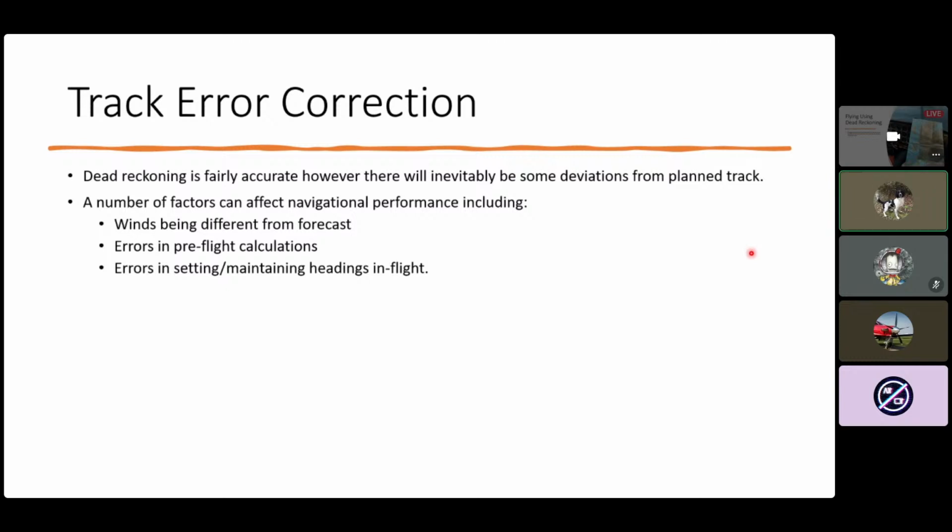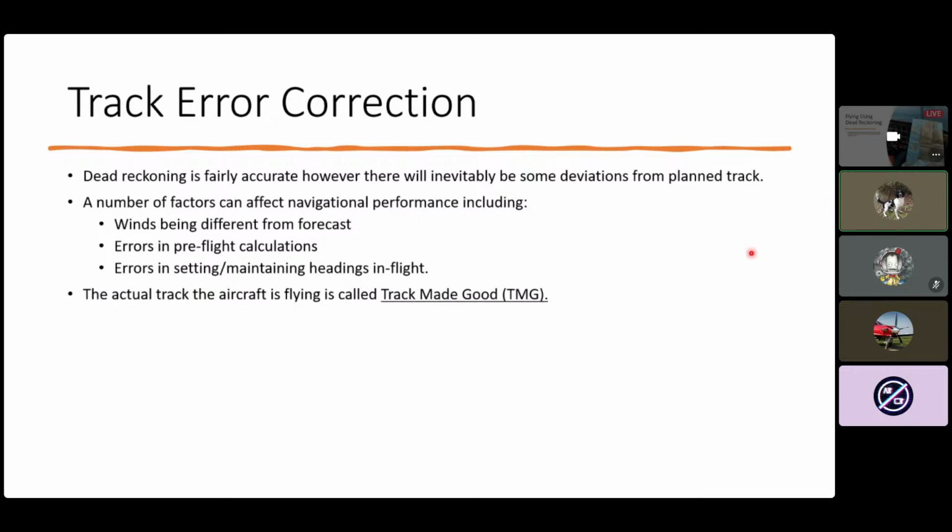Or you forgot to resynchronize your DI to the magnetic heading, to the compass. So although you're flying spot on the heading that you should be flying on a DI, you're actually flying the wrong heading because you've not resynchronized it. Or you get distracted and you're not maintaining the heading and you start going off somewhere else. All of these things can and will happen to a certain extent on every flight.